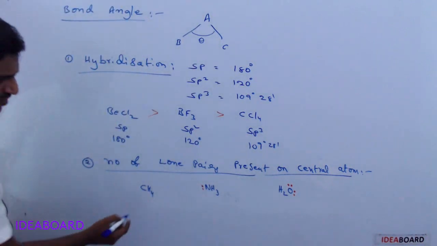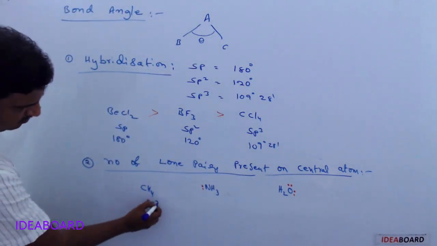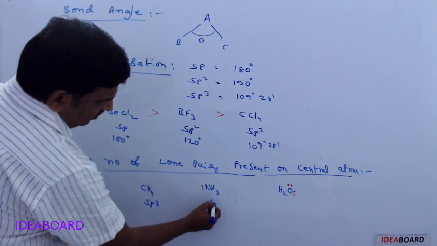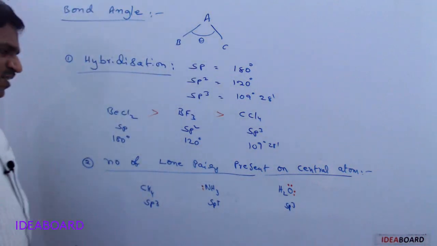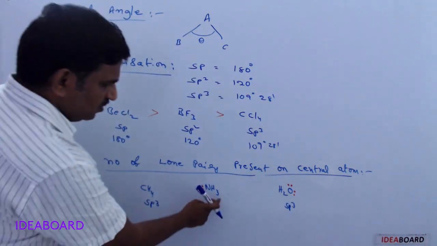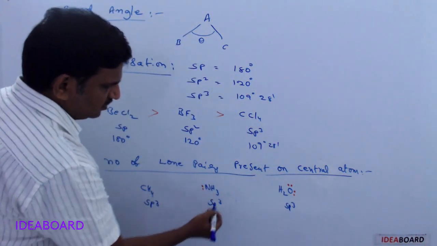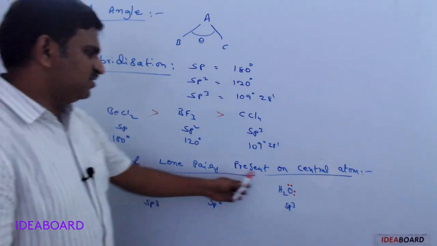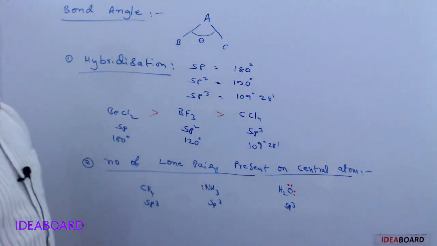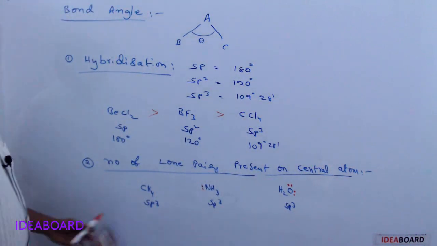And if the hybridization is taken, all have the same hybridization, sp3, and here it is sp3, and here it is also sp3. It means the hybridization is the same here. All three have the same hybridization, but they differ in the number of lone pairs present on the central atom. So because of lone pairs, what happens?